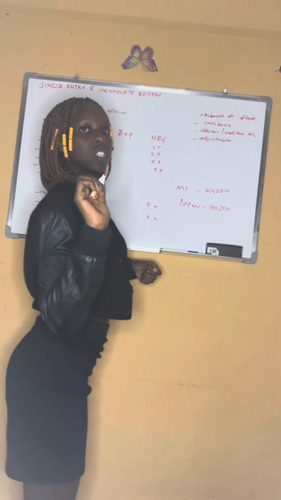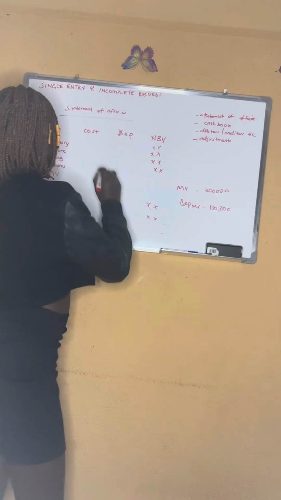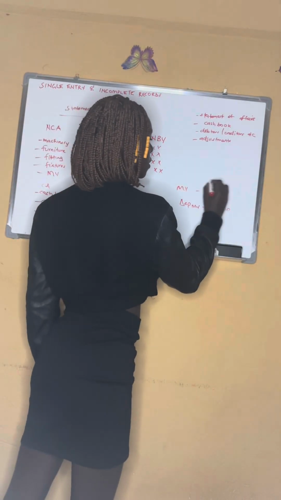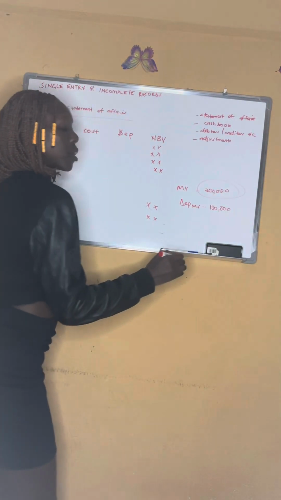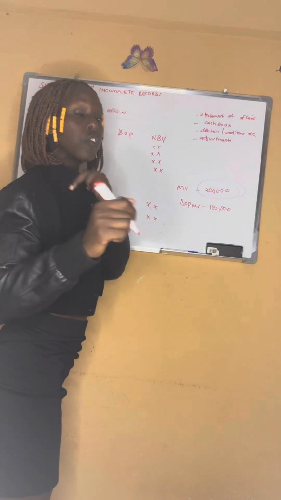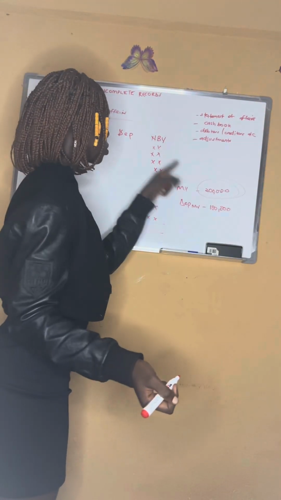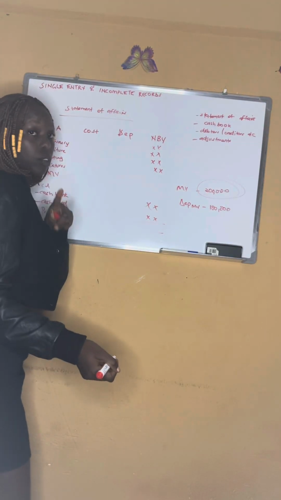Remember I told you in statement of affairs you write the digits the way they are. So under here motor vehicle, I'm going to record this amount. This depreciation amount is just going to help me in the statement of financial position. Here you write this amount, so you don't write the depreciated amount.